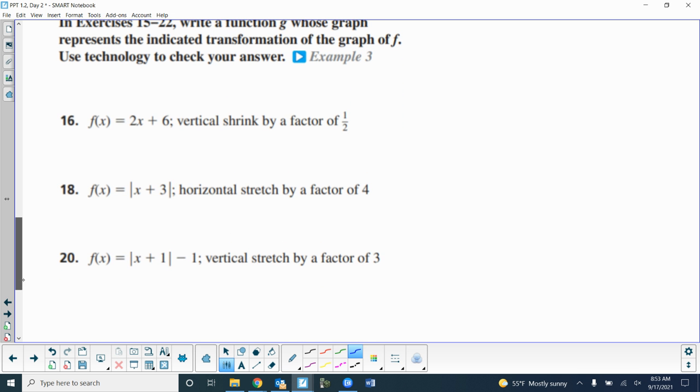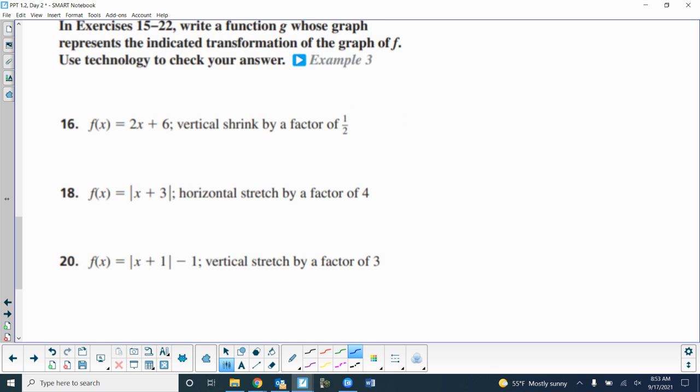How about some shrinks or compressions and stretches? What do we have to remember when it's horizontal stretch or compression? What ends up happening with our factor? Reciprocal, remember?